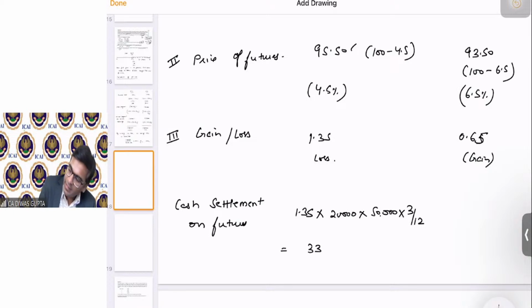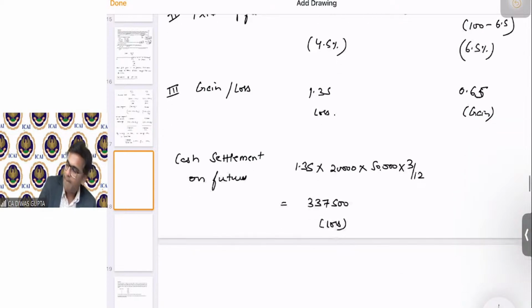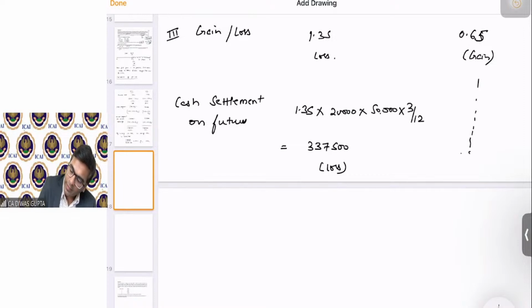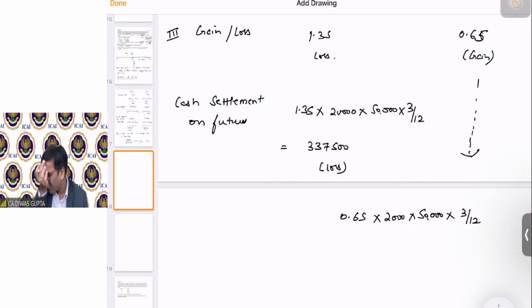So this will become 3,37,500 as loss. Here, the gain: 0.65 into 2,000 contracts into 50,000 into 3 by 12. So this happens to be 1,62,500 as gain. Okay.